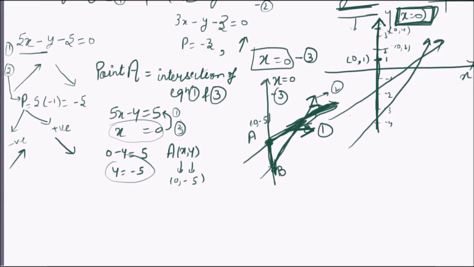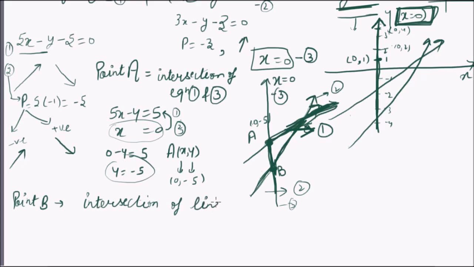Now, see point B. This line is line 2 and this y-axis is line 3. So point B is intersection of line 2 and 3.